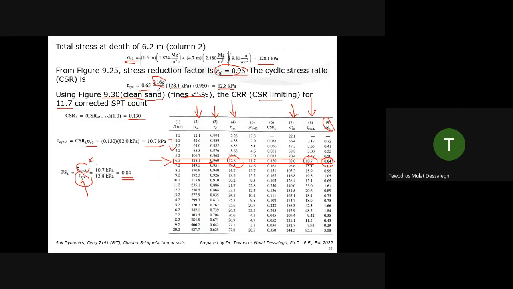Yep, it's going to liquefy, at least based on this analytical approach. Anything less than 1 liquefies. So we do this. I mean, it's not easy, it would be tedious to do by hand, but you can implement these equations in Excel or MathCAD and get the factor of safety.